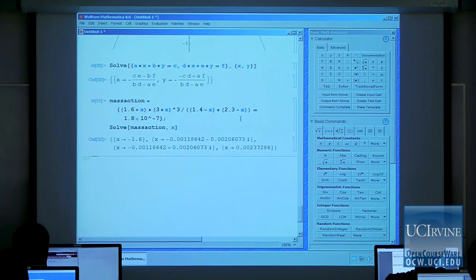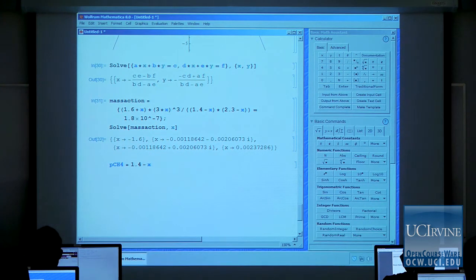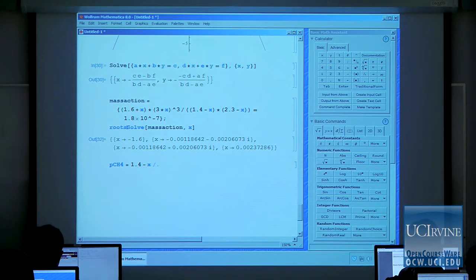All right, so for example, I can say the pressure of methane is equal to 1.4 minus x, and then I have to pull out the value of the root that I want from that list. And the way I do that, we saw this last time, is I say slash dot. Oh, sorry, let's set this first equal to roots, because I want to be able to just refer to it that way. All right, so I'm just going to re-enter that.